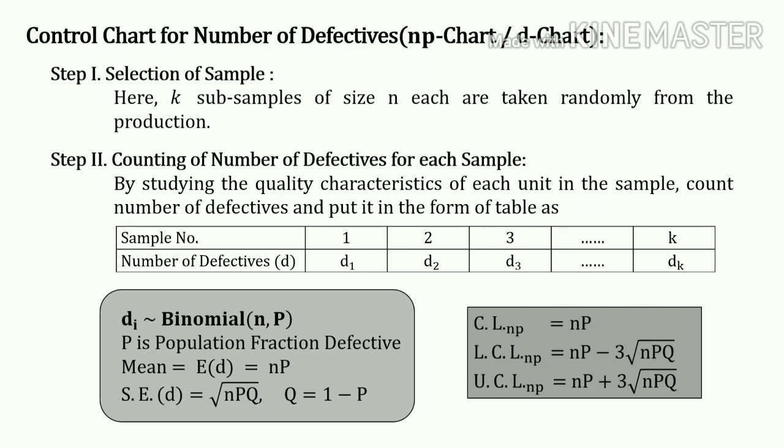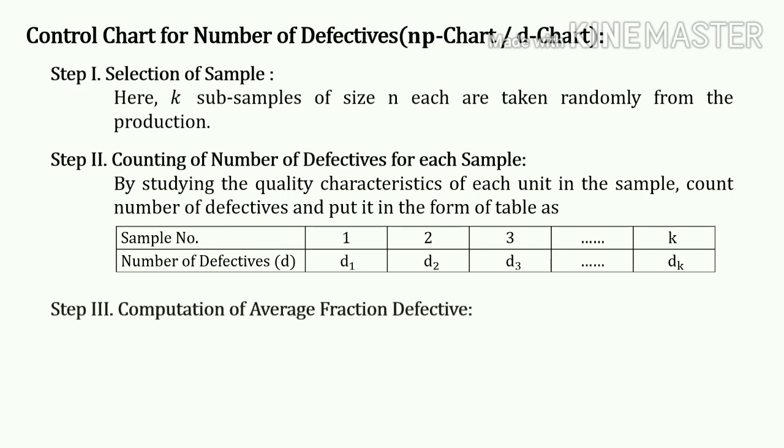So the central line for NP chart is np, the lower control limit is np minus 3 square root of npq, and the upper control limit is np plus 3 square root of npq. Unfortunately, this p, the population fraction defective, is not known in advance. So we have to estimate it.